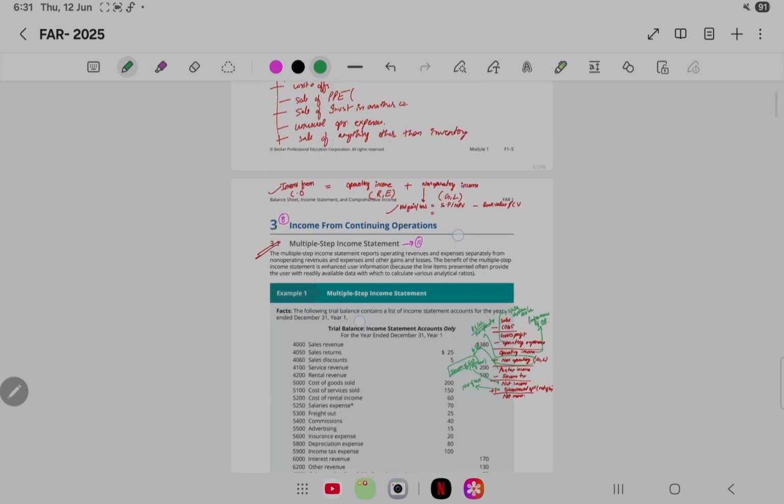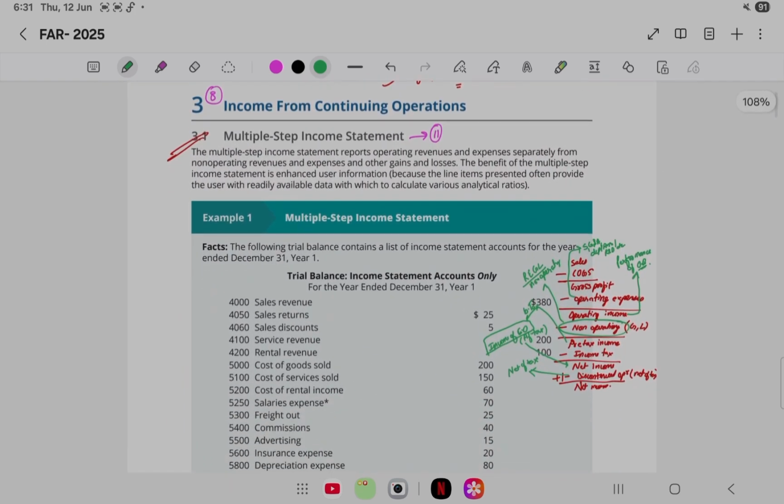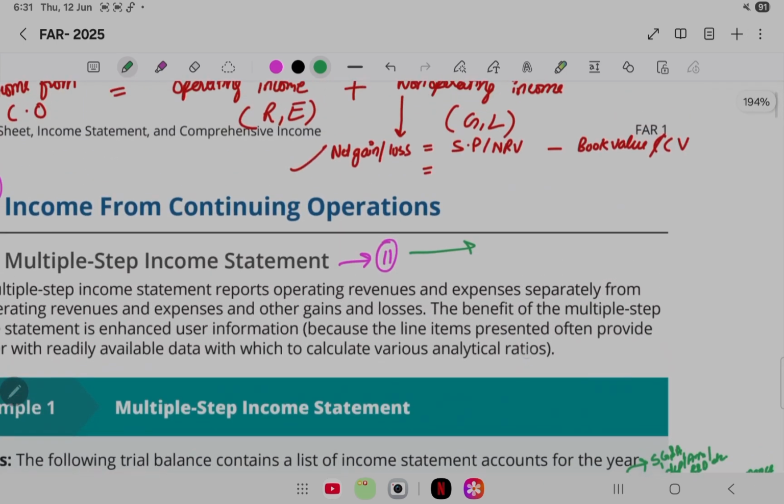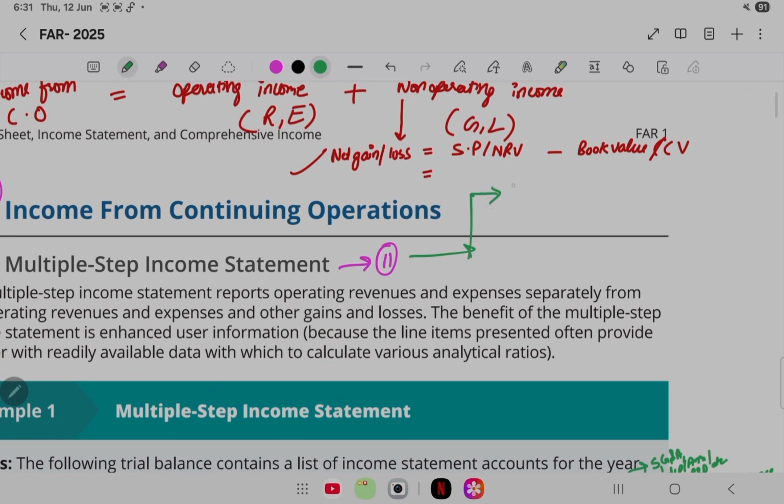And now comes the part of multi-step income. It has only benefits. What are the benefits? There are 3 benefits. First, it enhances the user information.